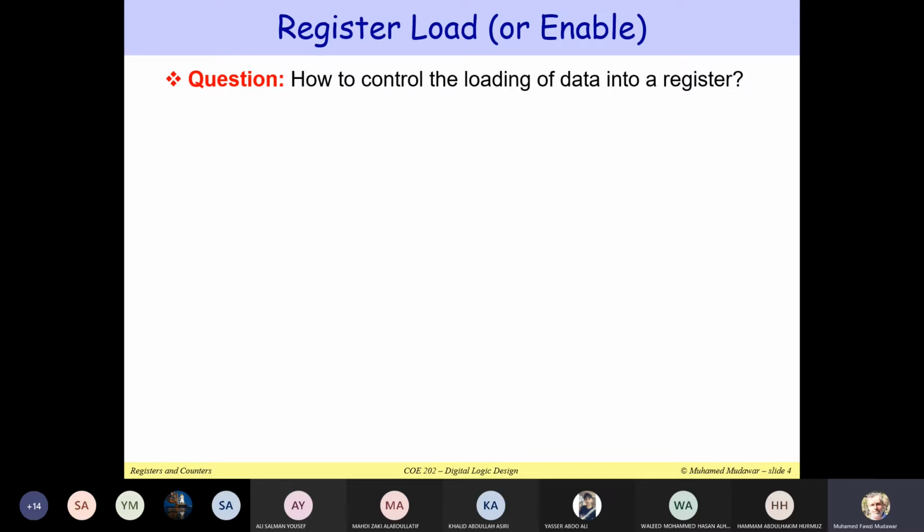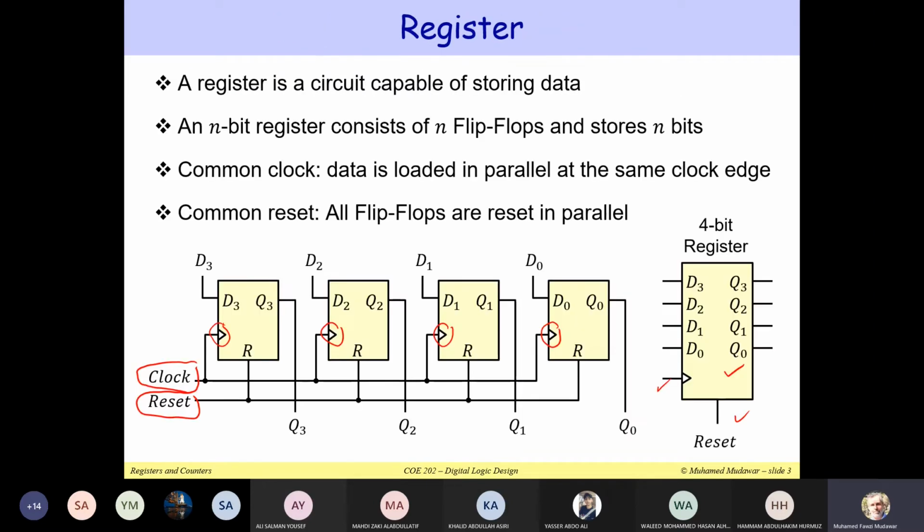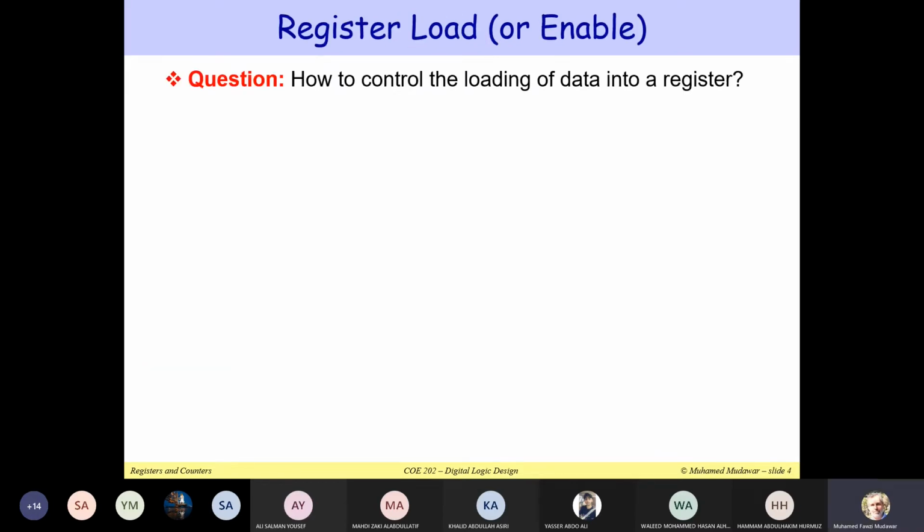So the question is, how do I change this design, which is shown here in this slide, so that we have a load input that we can use to control the loading of the data inside the register? Any idea? How can we have a parallel load input to control the loading of the data inside the register?